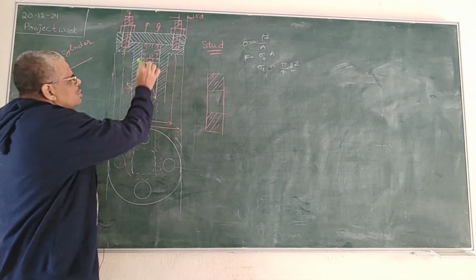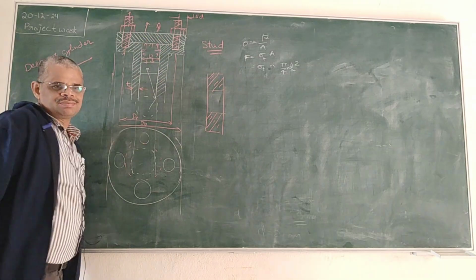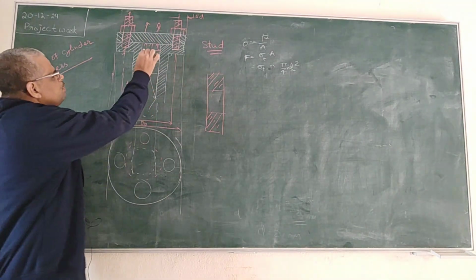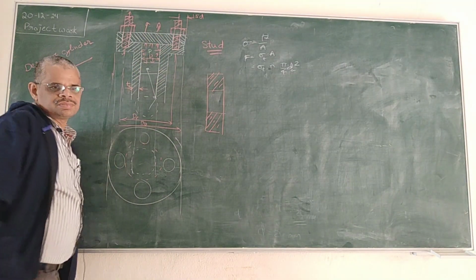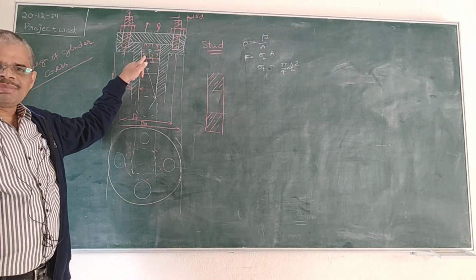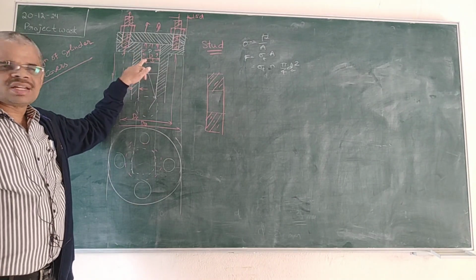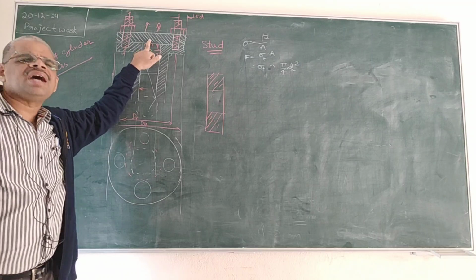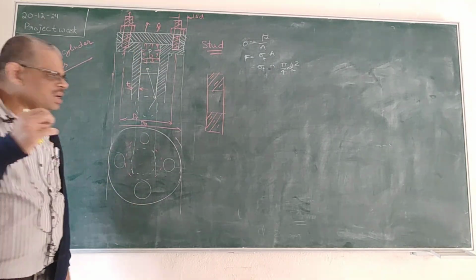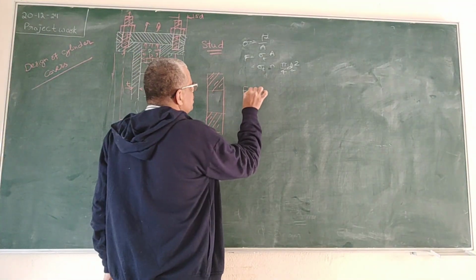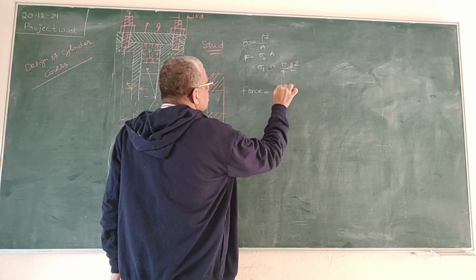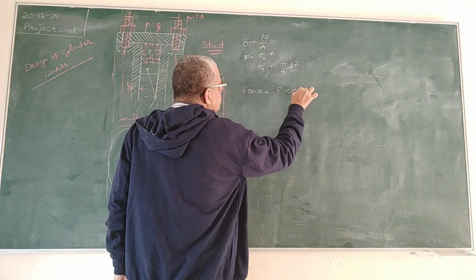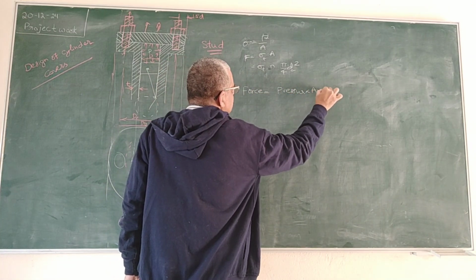Right. Now, what is the force acting inside this? You will be given the pressure which is acting inside the combustion chamber. This pressure is responsible for the force. The combustion gases are having very high pressure, and we know that force is equal to pressure into area.